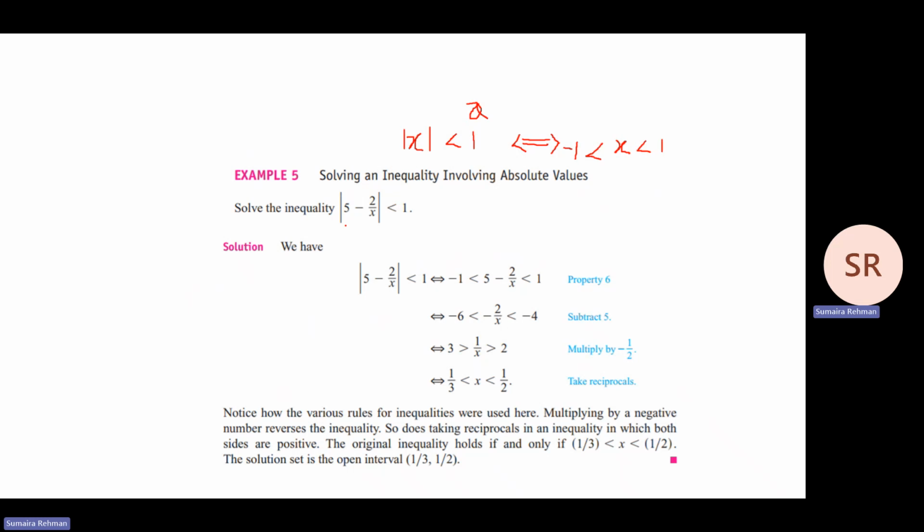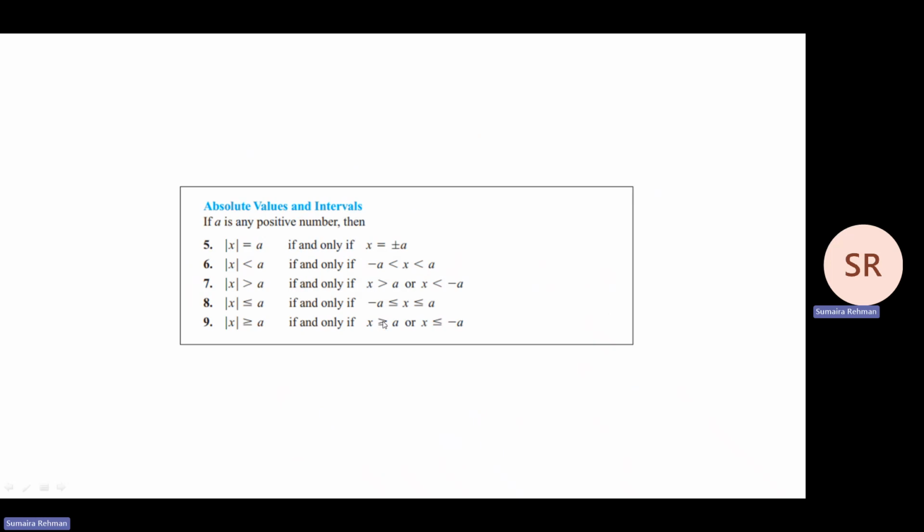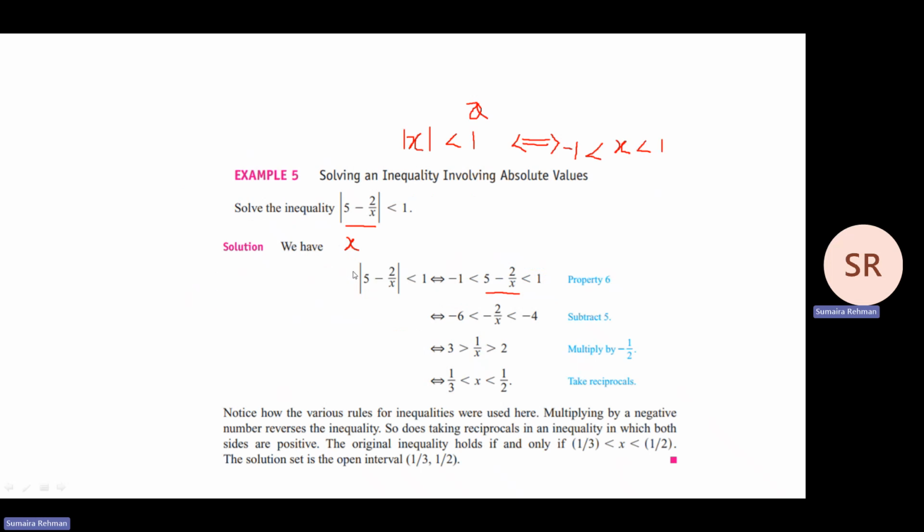Now this whole is your x, so you just need to substitute whatever this x is. And you will write it strictly less than 1 and greater than negative 1. So what we are doing here is using this property, that absolute value of x is strictly less than a if and only if x lies between positive a and negative a. This sixth property we are using there.